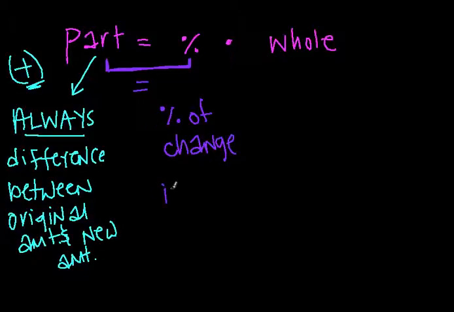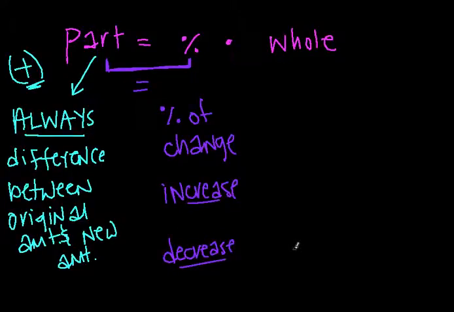And that could be percent increase or percent decrease. We know it's percent increase when the original amount is less than the new amount. So if you started in your bank account with $10 and then you had $20, which is the new amount, the amount of money in your bank account increased.